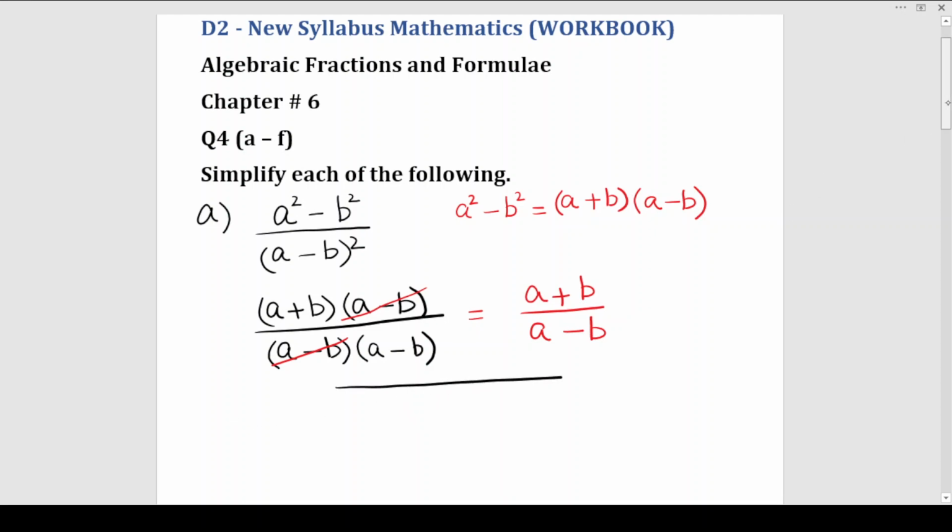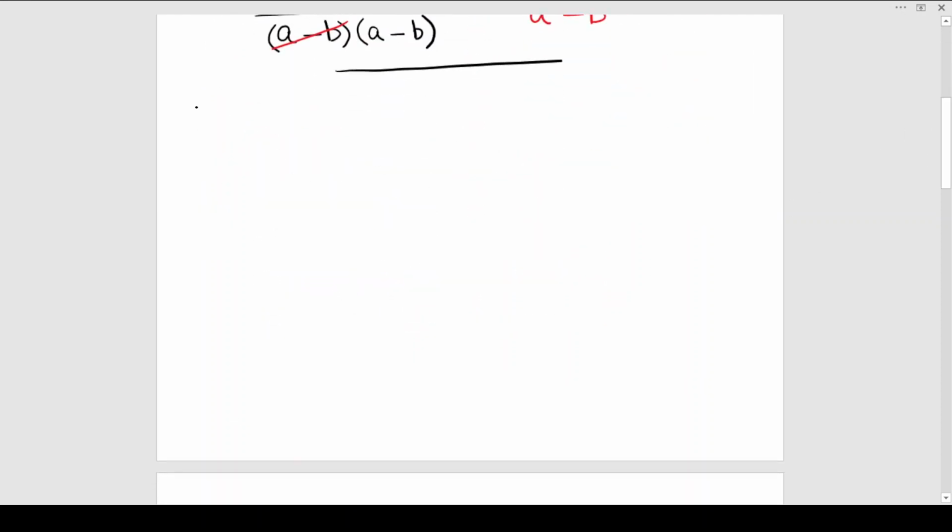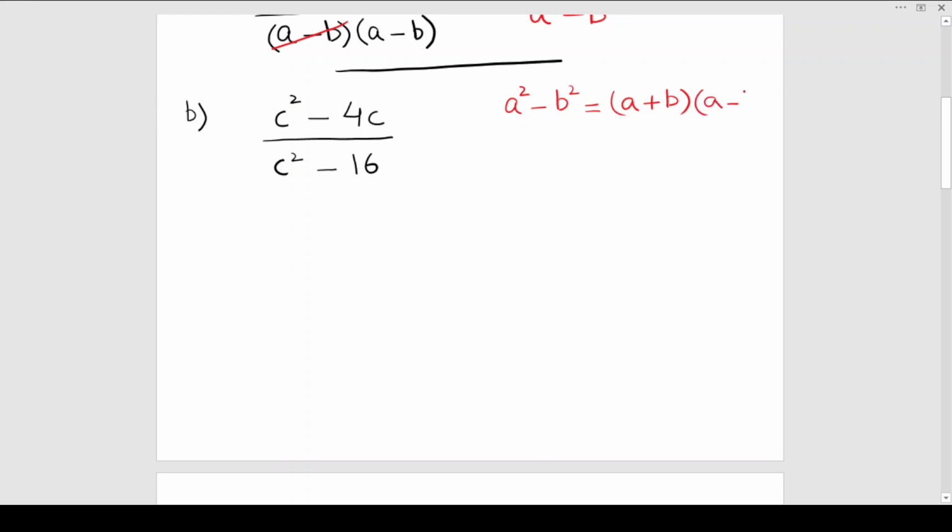After this, let's move on to part B. Part B of the question is b square minus 4c by c square minus 16. Again, what can we do? We can apply the same identity in the denominator: a square minus b square equals (a plus b) into (a minus b).